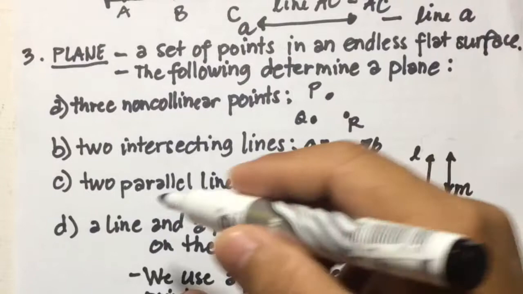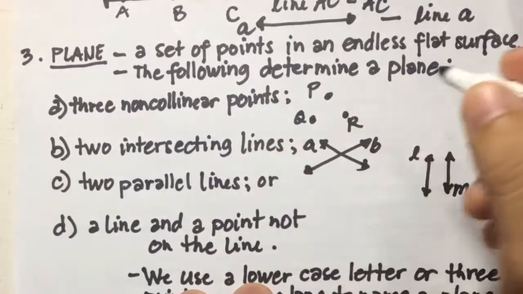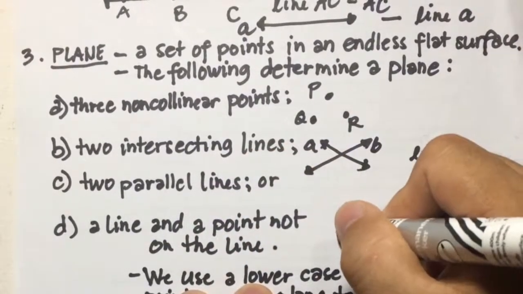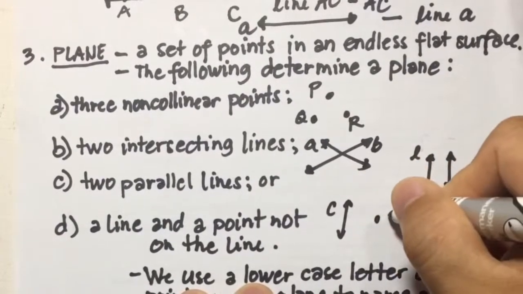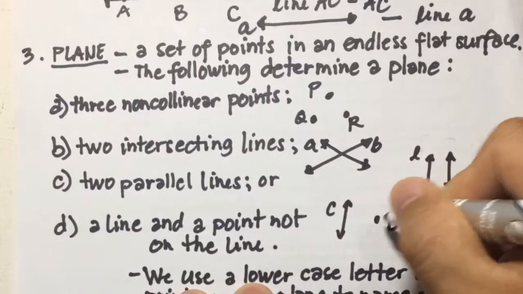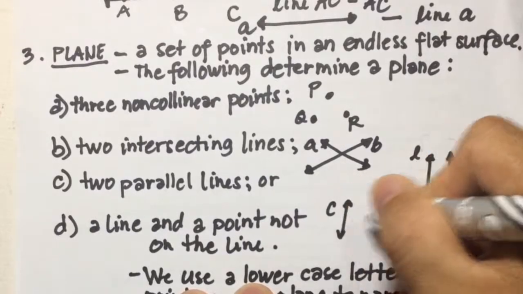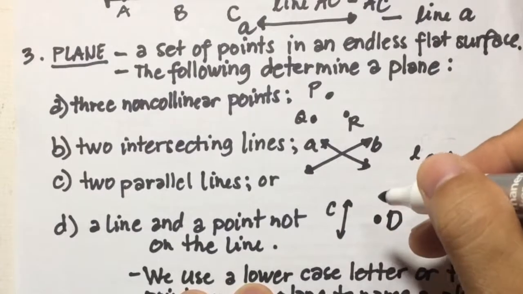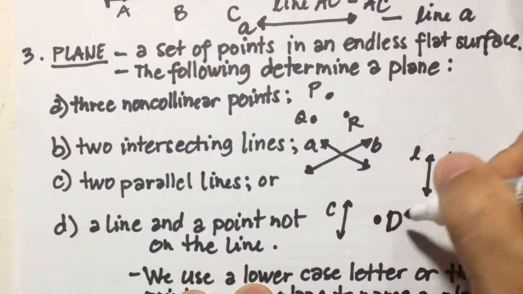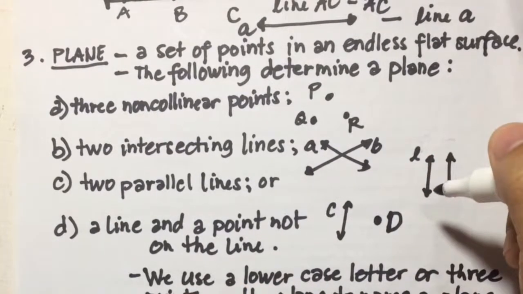Then the last one is a line and a point not on the line. So if we're going to have here line C and another point, point D. So using this line and the point here not on the line, we can now determine a plane, or we can make a plane.